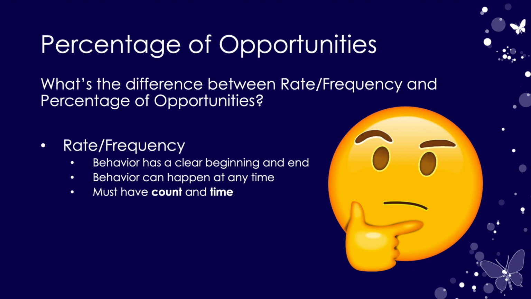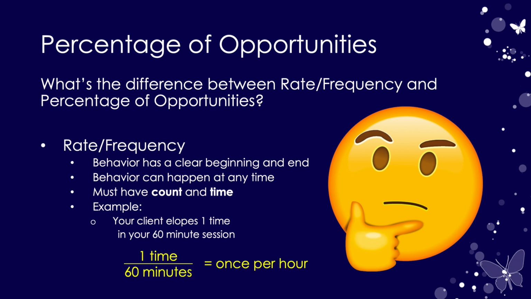And finally, rate/frequency must have count and time for its calculation. For example, your client elopes one time in your 60-minute session. Notice it uses count 1 and time 60 minutes. This calculation gives you the rate/frequency of once per hour.